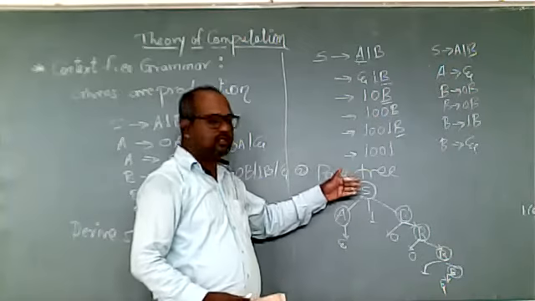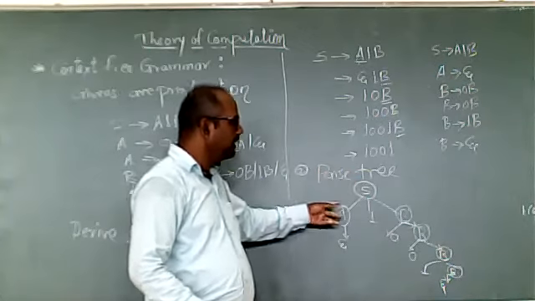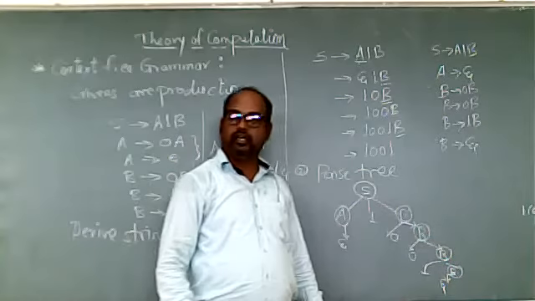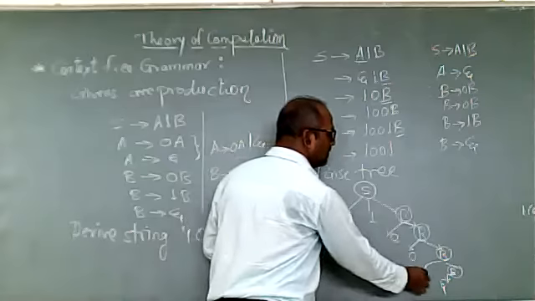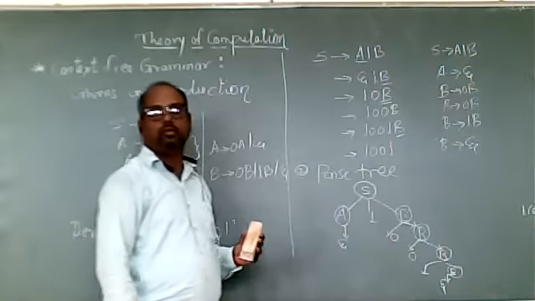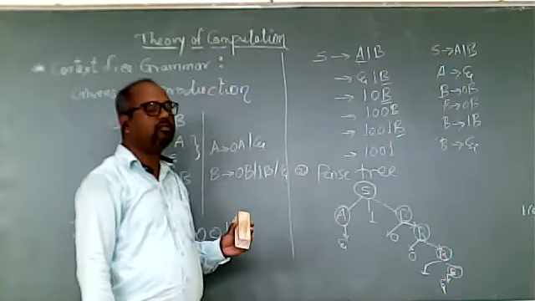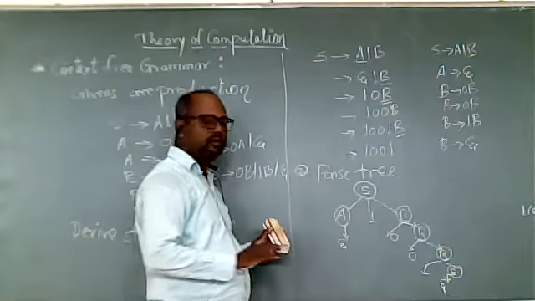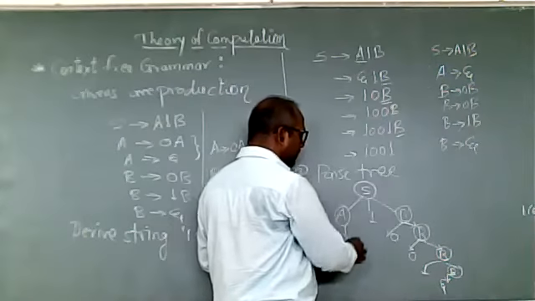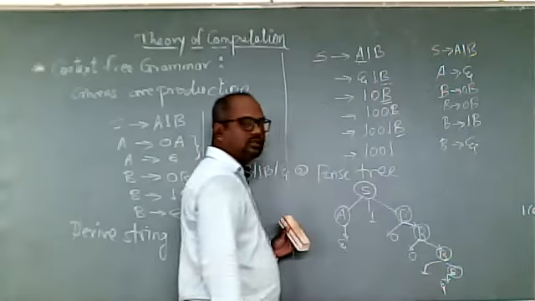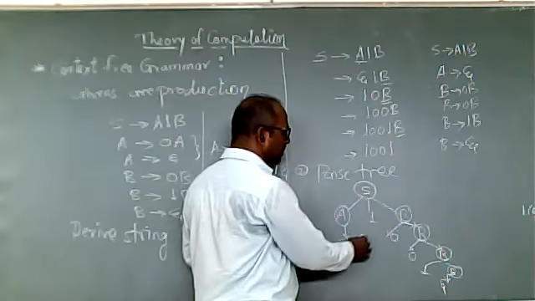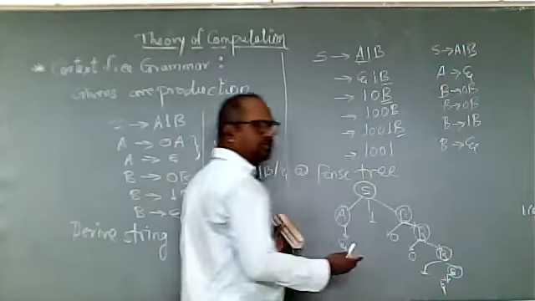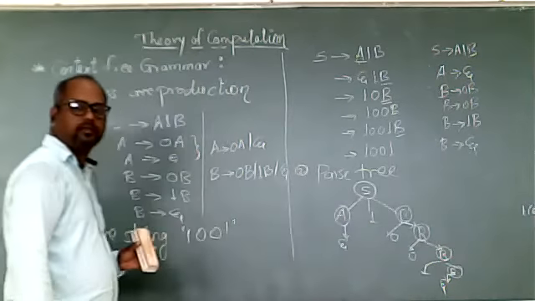So the root is the starting symbol, intermediate nodes are the variables, and the terminals are always the leaf nodes. We read the leaf nodes from the left hand side because our string is made up of terminals. So it will be 1001. Epsilon, no need to read.